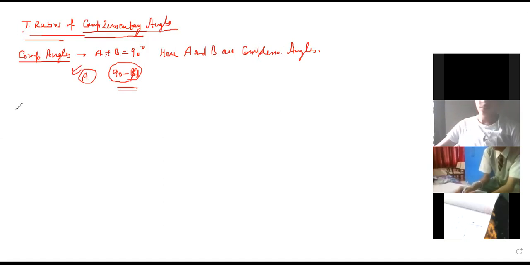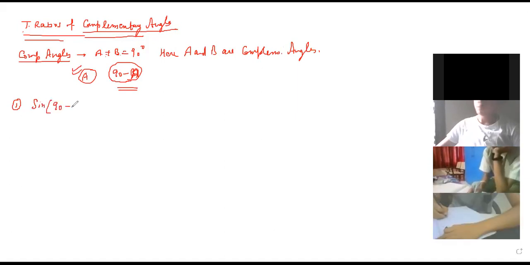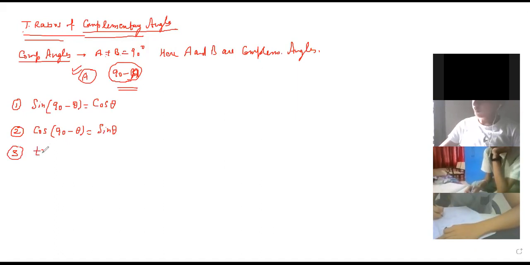So I'm going to discuss a few results with you. Number one, sin of 90 minus theta will be cos theta. Cos 90 minus theta is sin theta. Tan 90 minus theta will be cot theta.